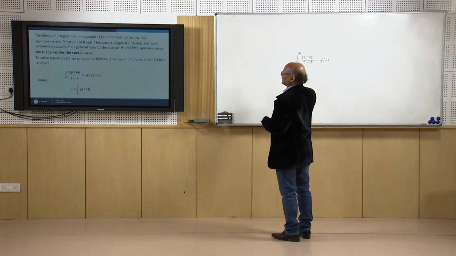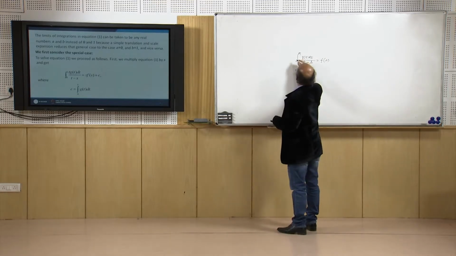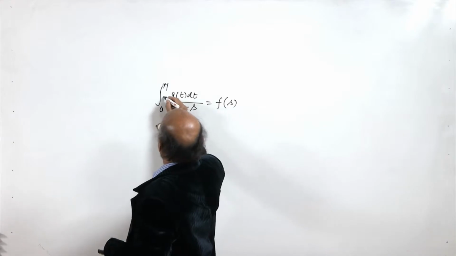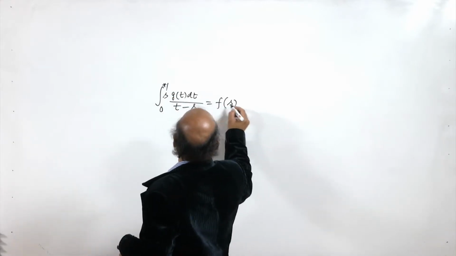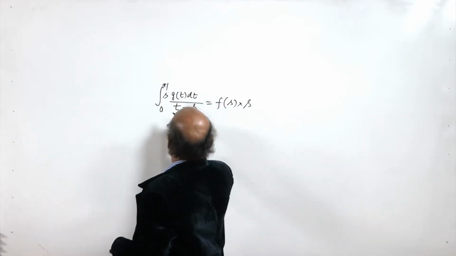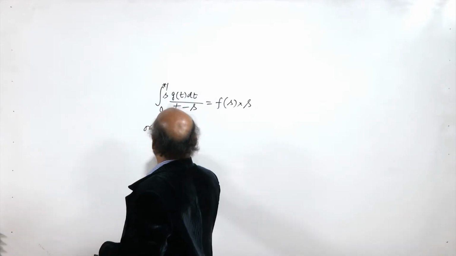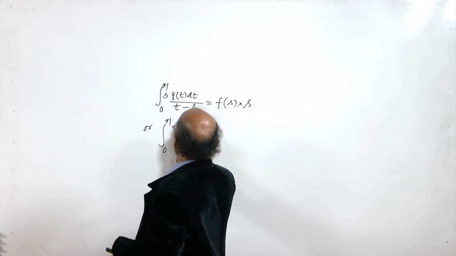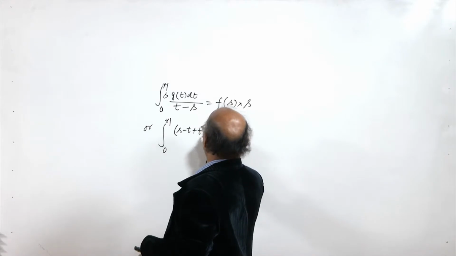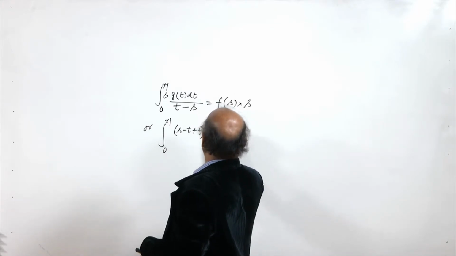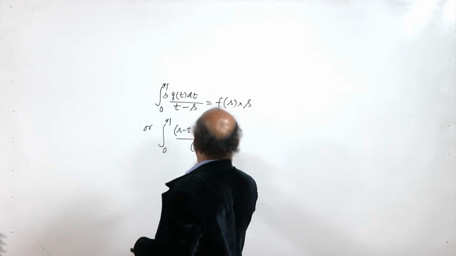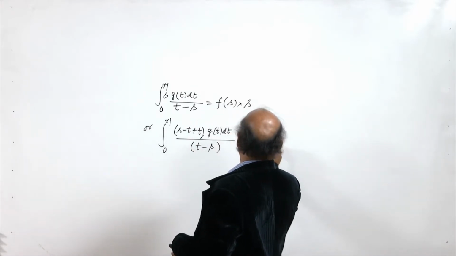Let us multiply both sides of this equation by s. Since the integration is with respect to t, I can take s inside, and the right side becomes s f(s). Now I can write it as integral 0 to 1, instead of s, I can write (s minus t) plus t, times g(t) dt divided by t minus s, equal to s f(s).